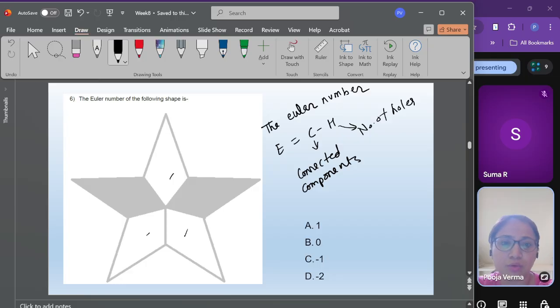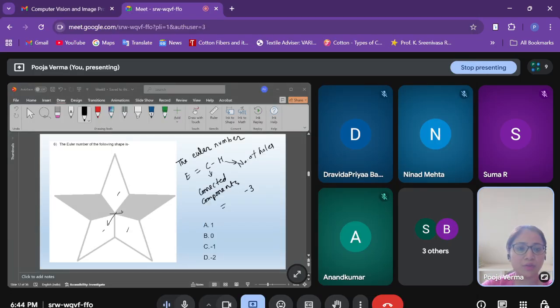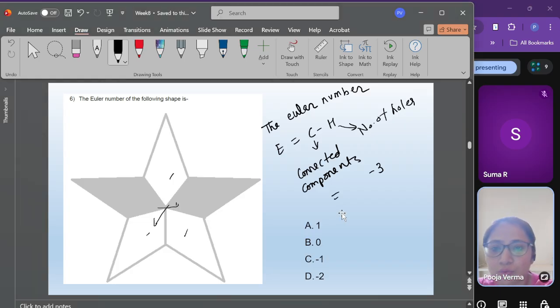That is correct. Three holes are there. So minus three. How many connected components? Only one connection is there. If there is another, that is called two connections, right? So only one connected component is there. Only one connection is there between these two. So it is one, right? C is one, H is three. So 1 minus 3. So here you will get minus 2. Okay. So option D is the correct answer for this question.